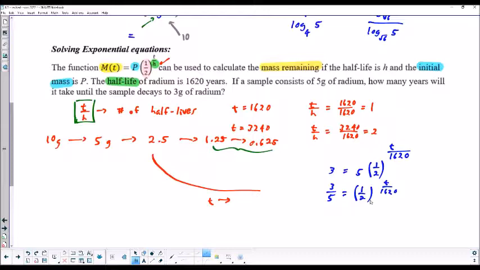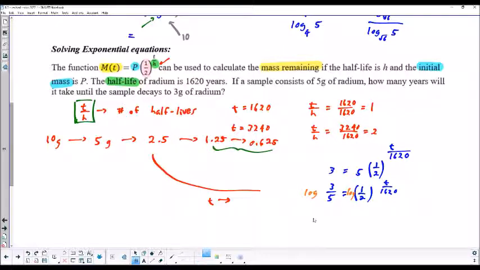Now, again, we don't know the rules for logarithms yet, but we will. So I'll just give you a little foreshadowing here. We're going to take the logarithm of both sides. And because we've taken the logarithm, we can now bring that exponent down in front.